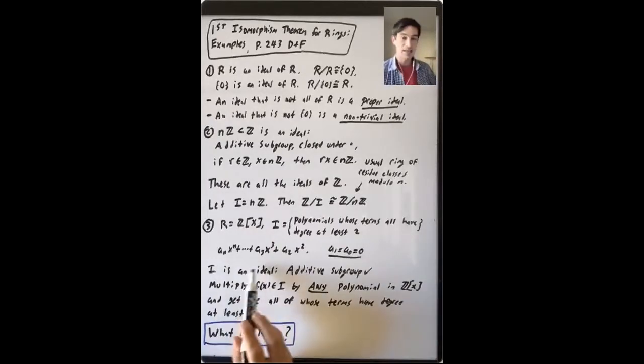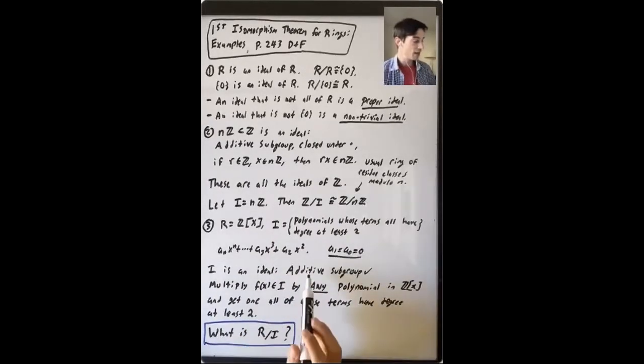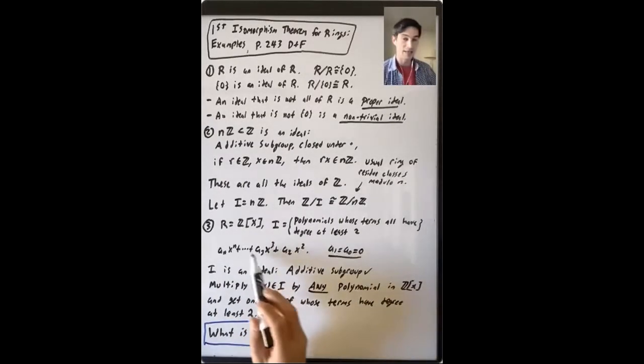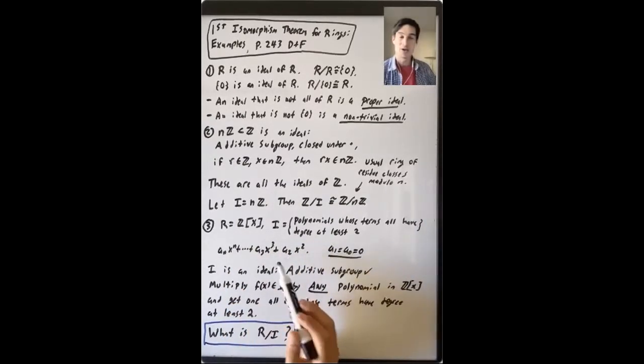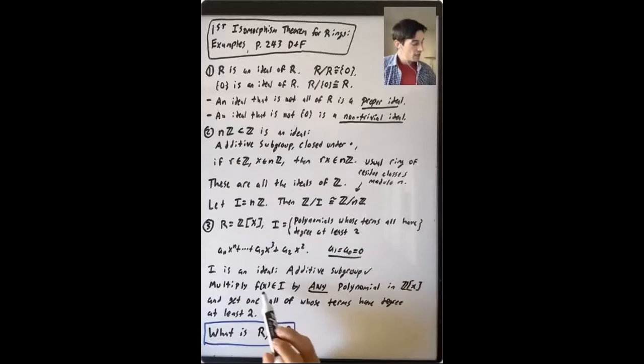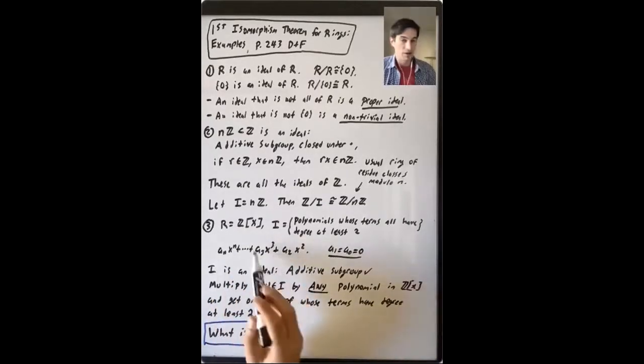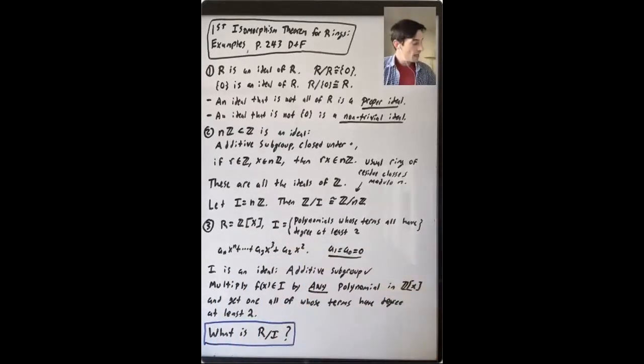Okay, I is an ideal. This is easy to check. It's an additive subgroup. You add two things in this form, and the coefficients just add. You're not going to pick up a non-zero term of degree 0 or 1. And if you take a polynomial in this ideal, something that looks like this, and you multiply by any polynomial in Z[x], you're going to get one, all of whose terms have degree at least 2.